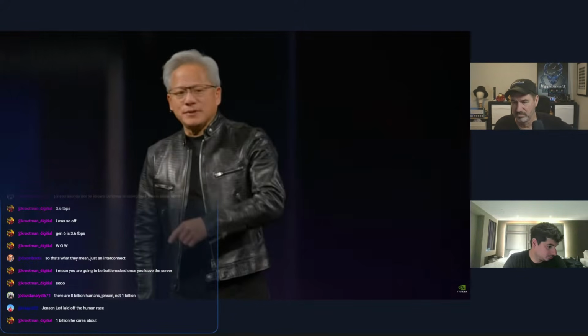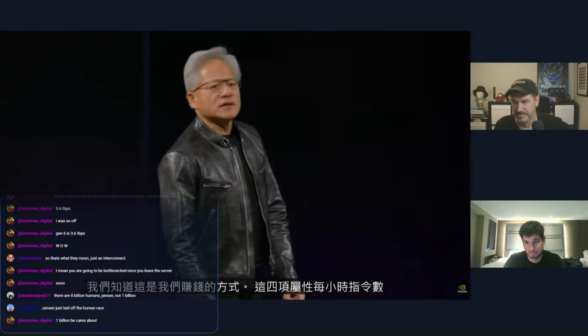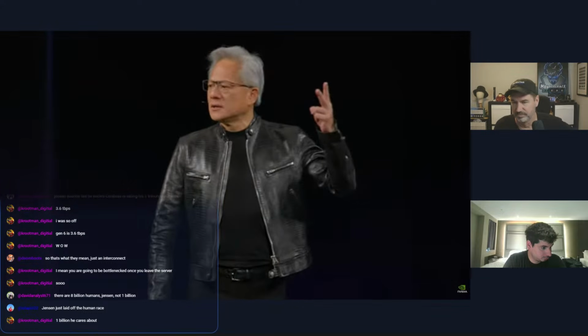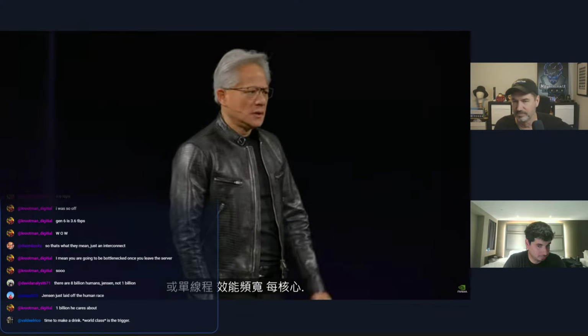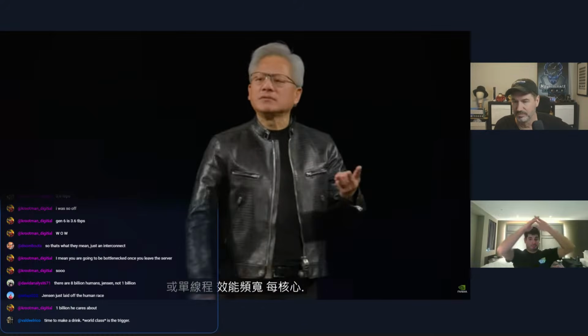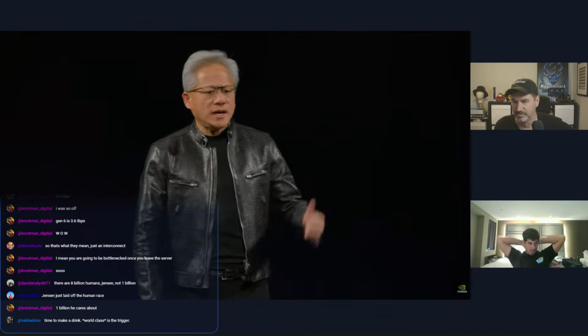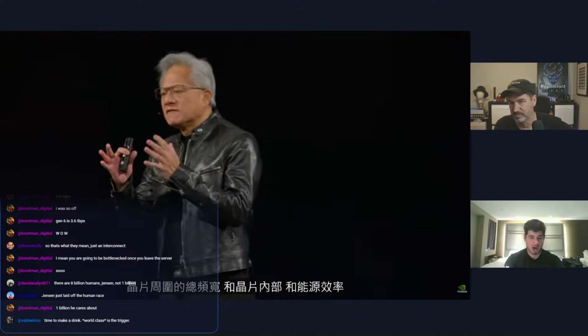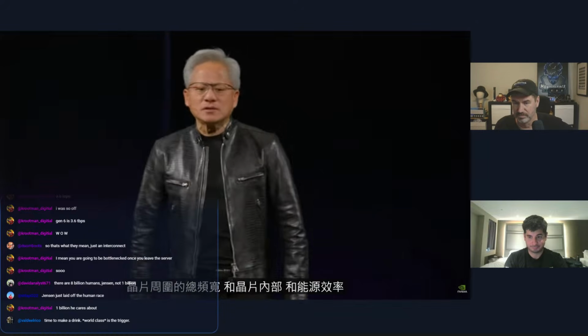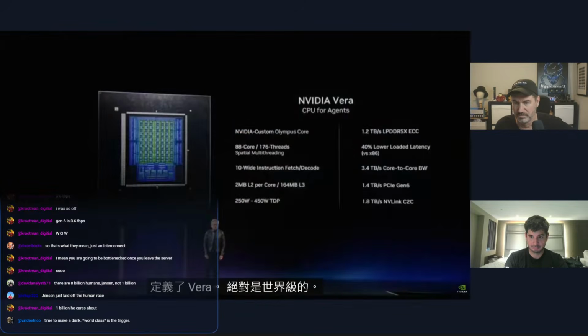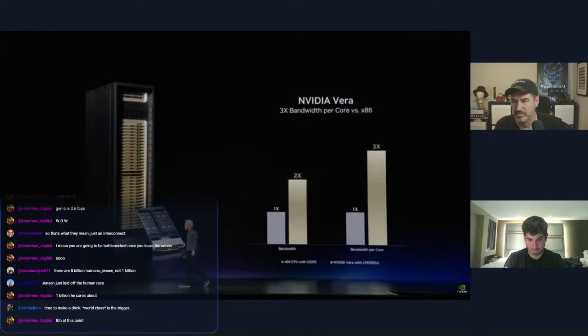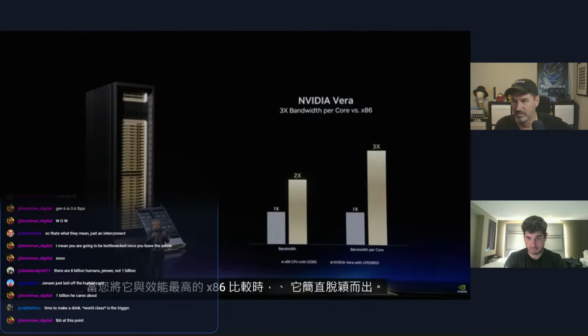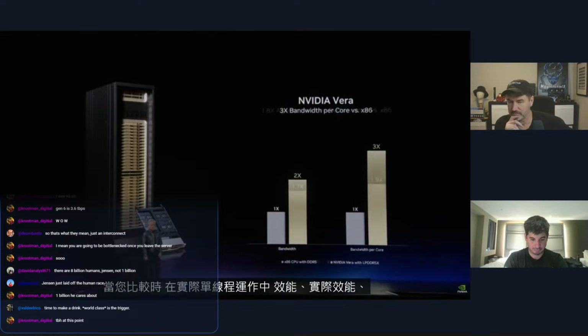These four properties, instructions per clock or single-threaded performance, bandwidth per core, the total bandwidth around the chip and inside the chip, and energy efficiency define Vera. It is absolutely world-class. When you compare it to the highest performance x86, it is just off the charts. When you compare it in real single-threaded performance, it's off the charts.